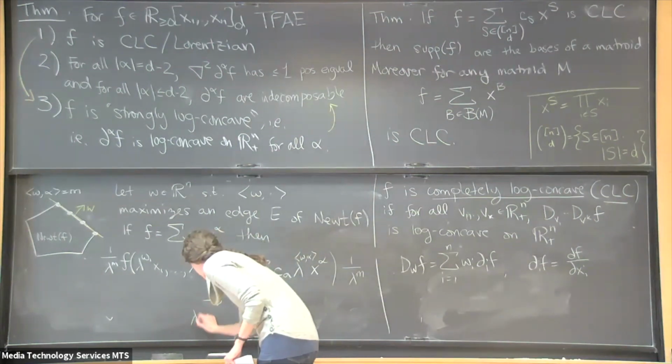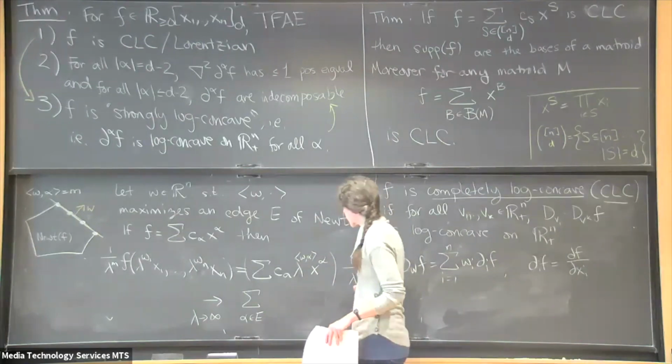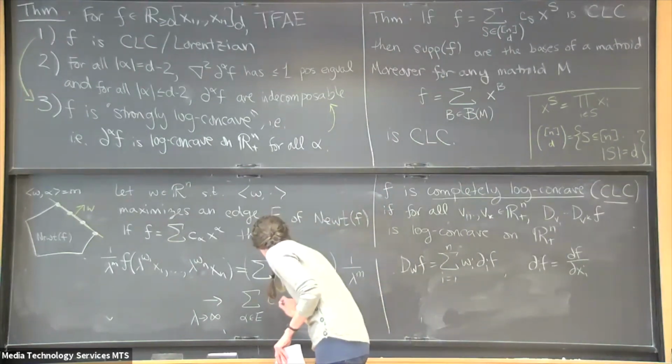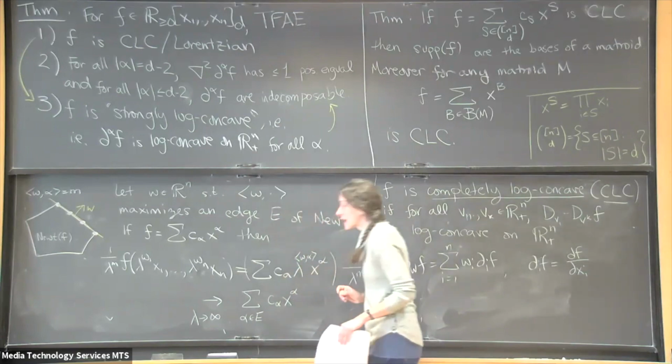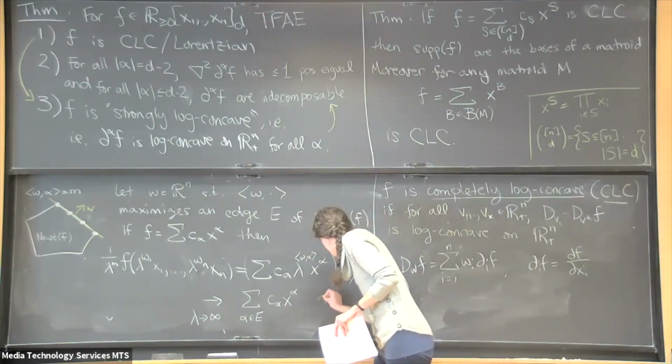So as lambda goes to infinity, these are going to dominate, and the rest are going to go to 0. I'm just going to get the sum of terms along this edge. These are sometimes called the initial terms.